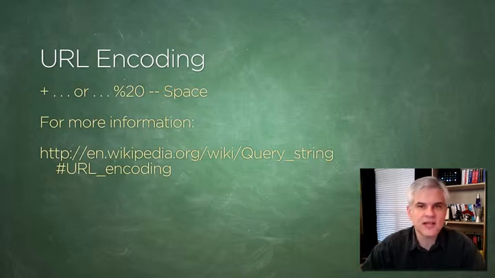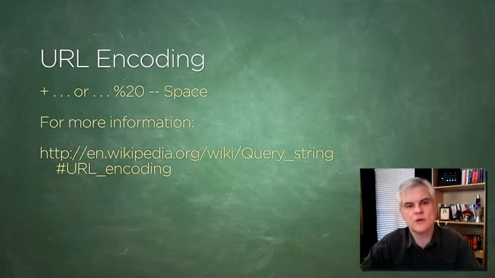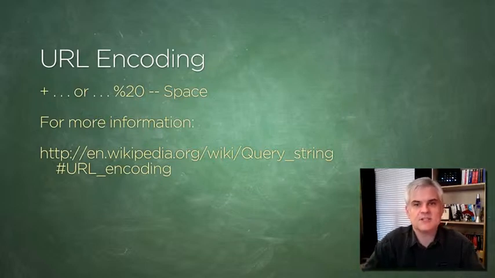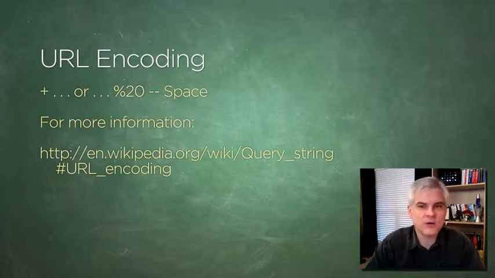You have to convert that space character to one of two things, either a plus symbol or the %20 ASCII code. The percentage is an escape sequence to indicate that it's an ASCII value, and then the two digits that follow are hexadecimal values that indicate what kind of ASCII character. In this case, we're representing a space character with the 20.